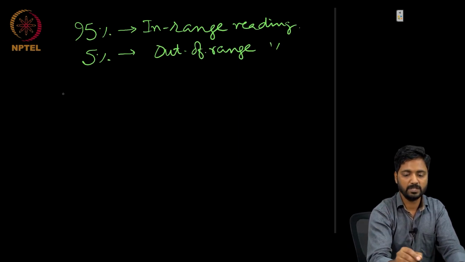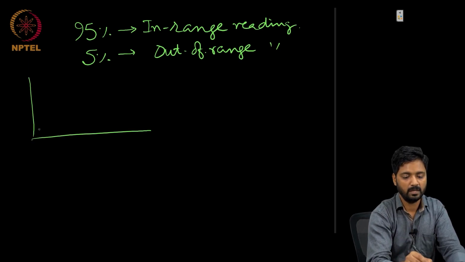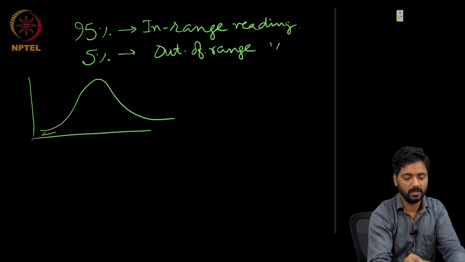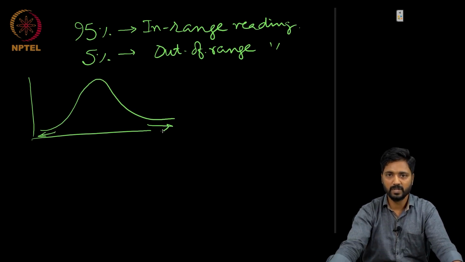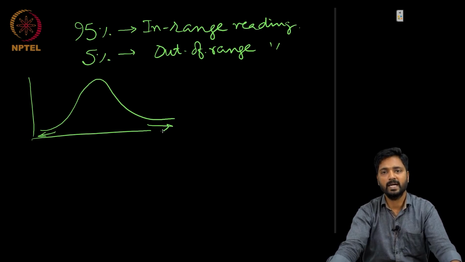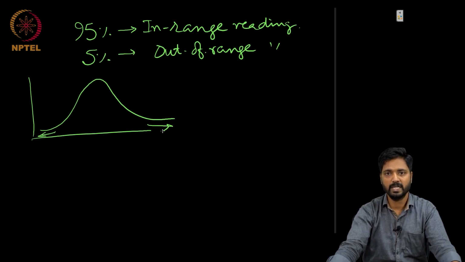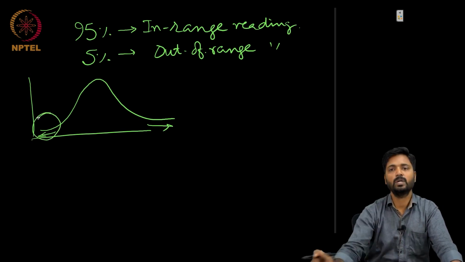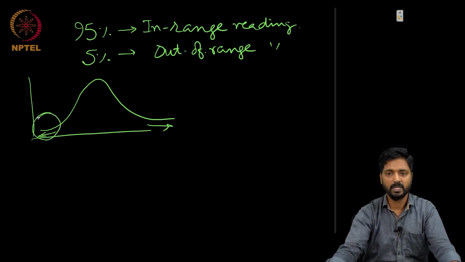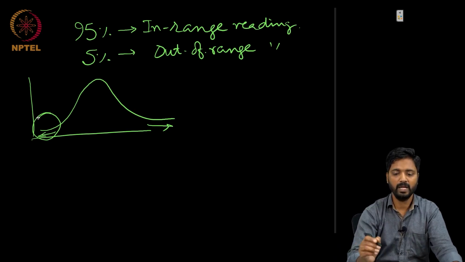Now this out of range can be either on the left side or on the right side. So the numbers can be significantly low, or significantly higher than the prescribed range of values that they should have. So in this case, the question says that the patient had a low value. That means we are talking only about the left tail of this Gaussian profile.